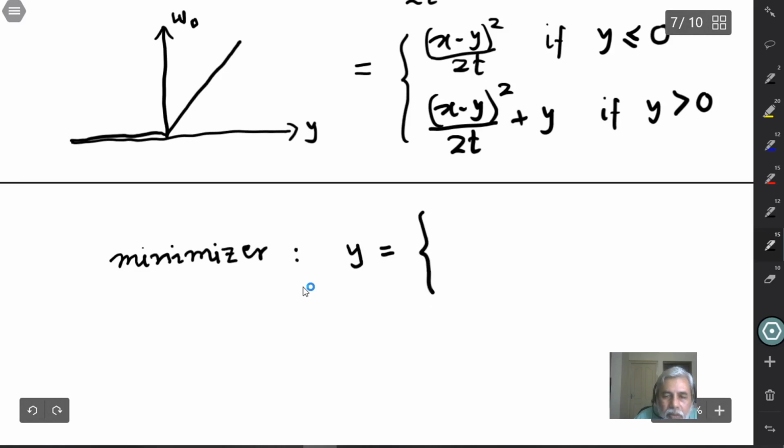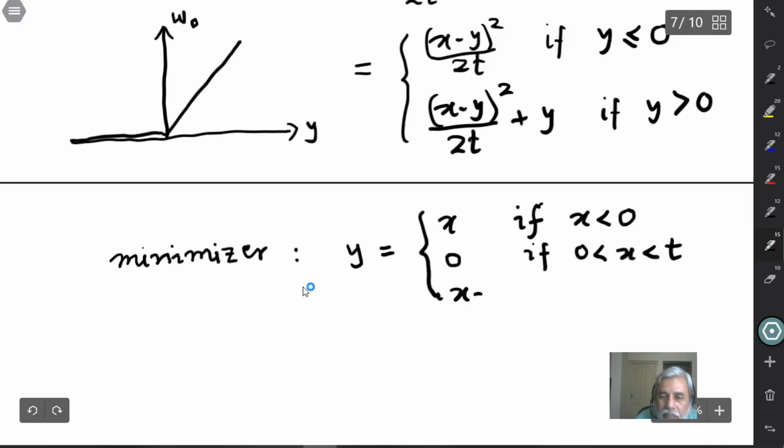So this is equal to x if x is less than 0, 0 if x is between 0 and t, and x minus t if x is bigger than t.